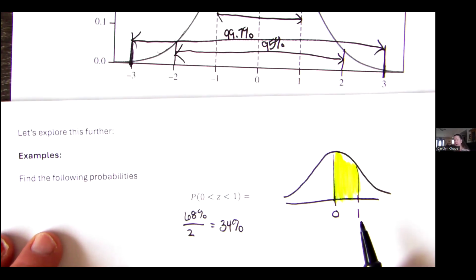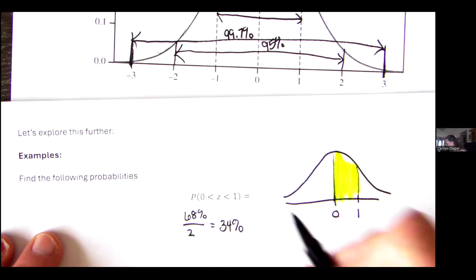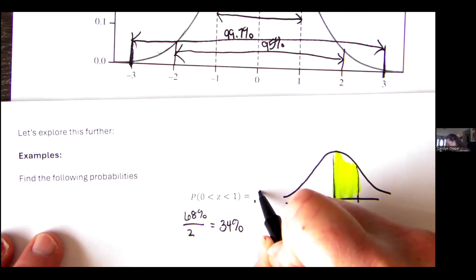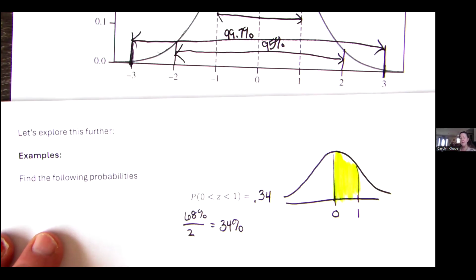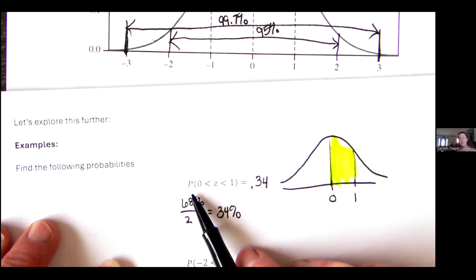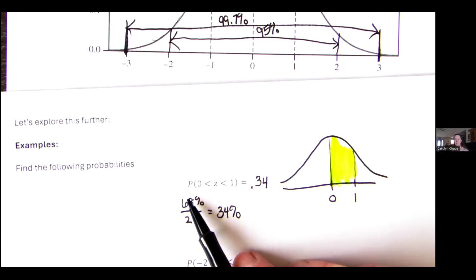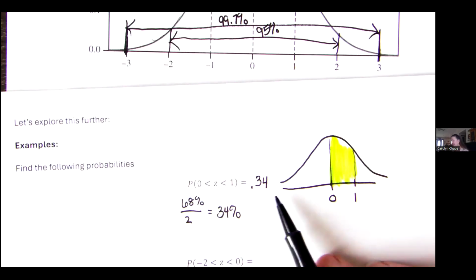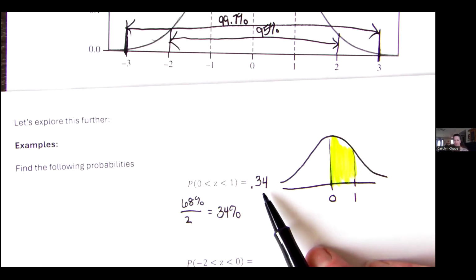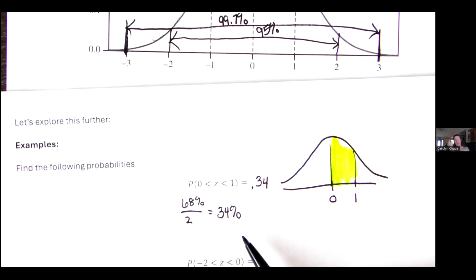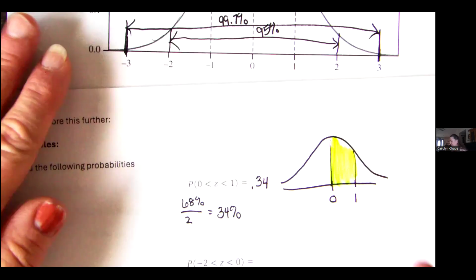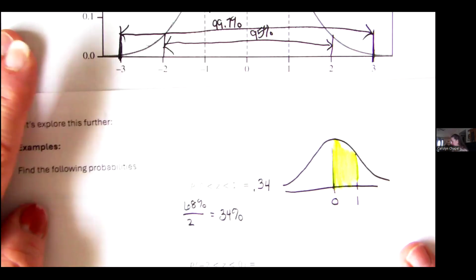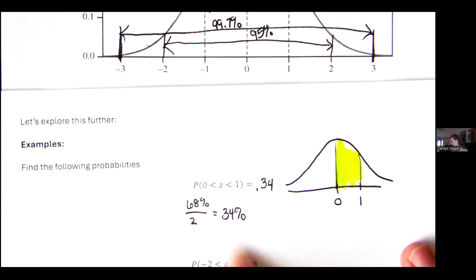If it wasn't symmetric around that center, I could not do this. So the probability from 0 to 1 is 0.34. Remember, probabilities are always a value between 0 and 1, so we will state it in its decimal form. You can interpret it, though, as representing 34% of our data. But if we're talking about a probability, it's going to be 0.34.